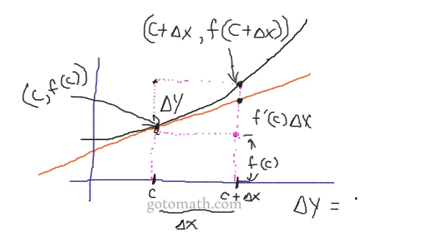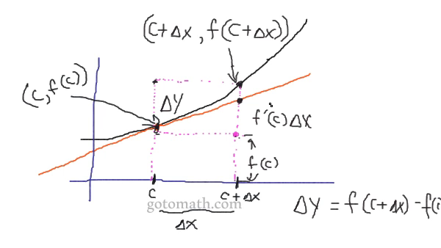which is actually equal to f of c plus delta x minus f of c. I've kind of run off the screen over here, but here's my f of c, subtracting off from the f of c plus delta x, you get this difference right here.